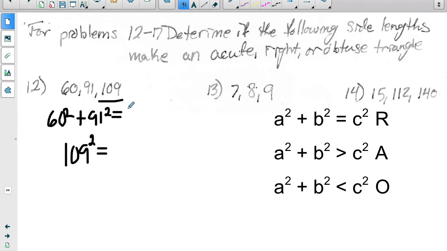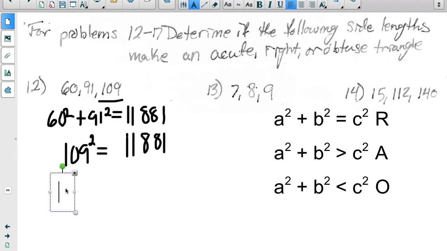But luckily with a calculator, you can type in 60 squared plus 91 squared. And it will tell you that it's 11,881. Then we can also do 109 squared. And if we do 109 squared, we get 11,881.